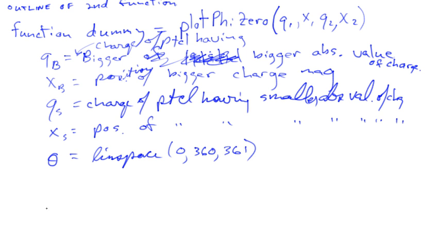Alright, then I think I am ready to call R equals get R of QB, XB, QS, XS.